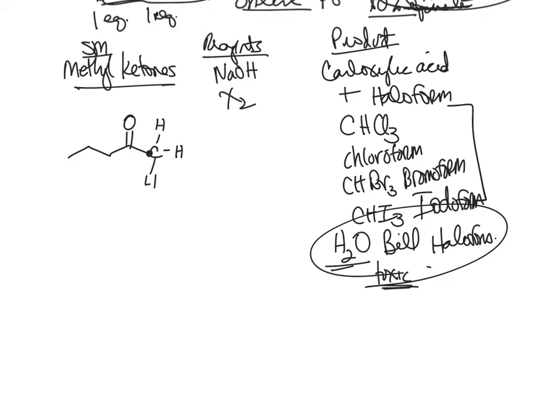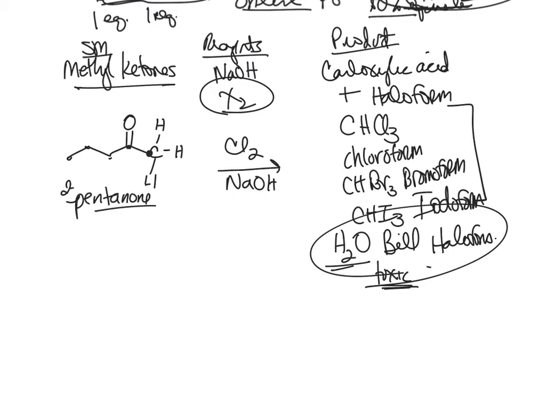And you treat it with disinfectants like bleach, Cl, and base, you're going to get, so this is 2-pentanone, and this is your product, butanoic acid plus CHCl3, chloroform. And that's all your 5 carbons.